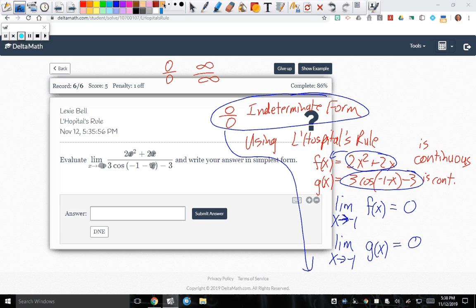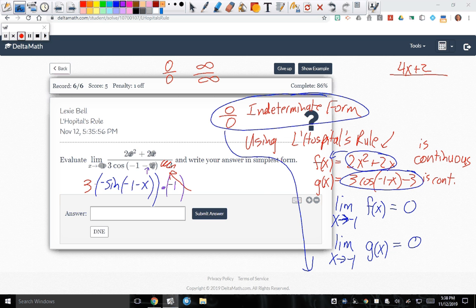Okay, so the derivative of this guy is 4x plus 2. Okay? What is the derivative of the bottom? Well, this zeroes out. So it would be constant multiple rule, times the negative sine of the stuff, times the inside of the stuff, which is a -1 because of that coefficient right there.